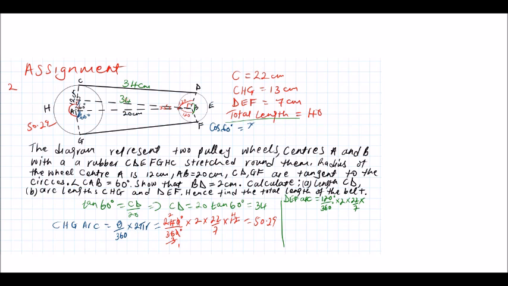So we say cosine of 60 degrees is equal to the adjacent, which we can call x, divided by the hypotenuse, which is 20.